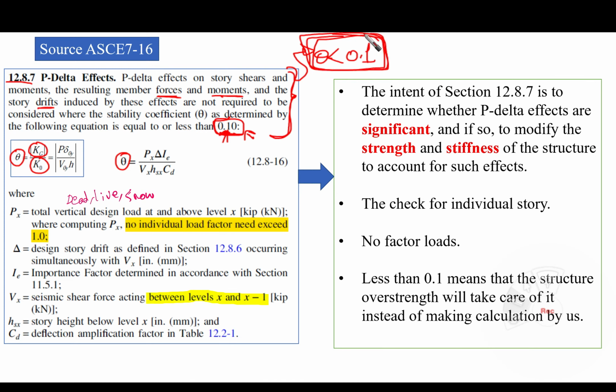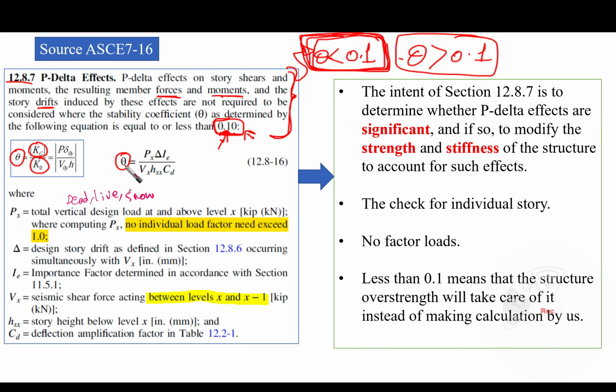It is going to be there, but the system overstrength is going to take care of it. But if theta is larger than 0.1, in this case, we need to increase the forces and moments and drifts of the system. So it's not enough for the overstrength of the system to take care of the P delta. We need to take care of it by ourselves. So this is the main reason for this minimum.